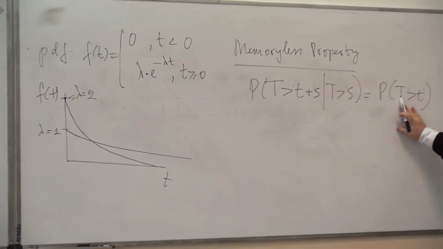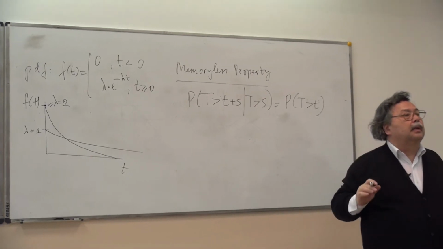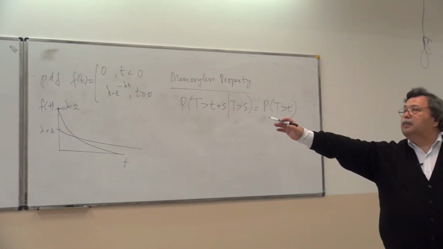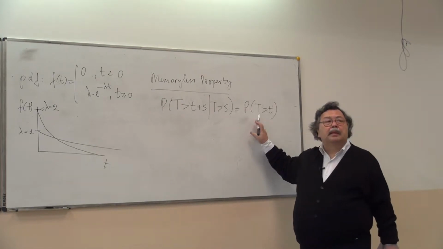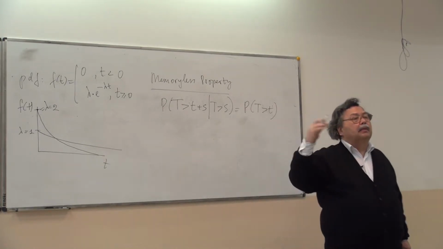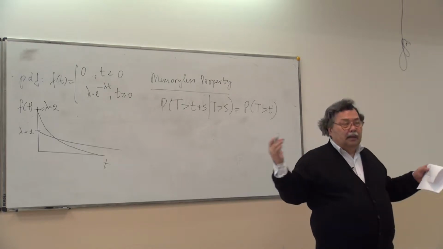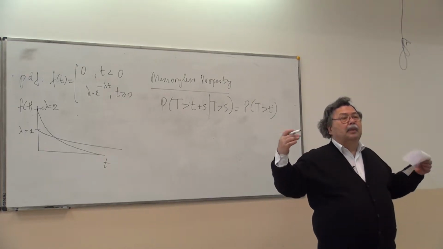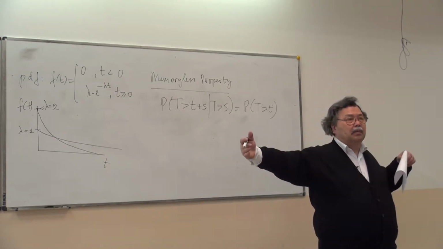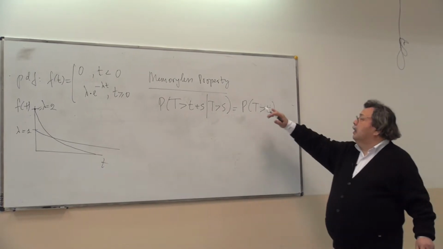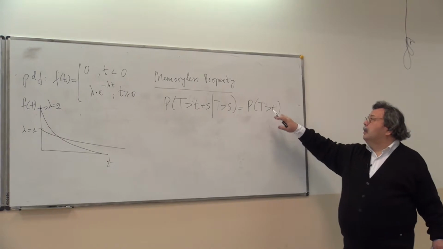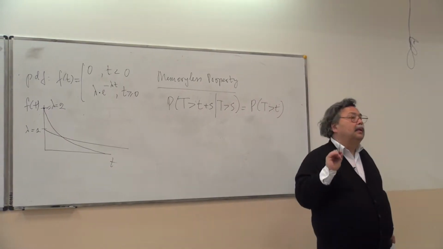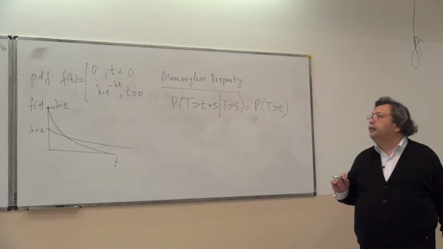Let's look at the right-hand side. Capital T stands for the exponential random variable, and let me remind you that capital T is the time between two consecutive calls. This is the probability that capital T takes on a value greater than a certain specified little t.